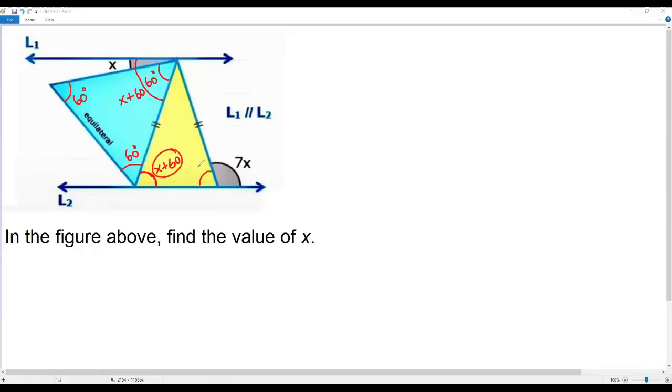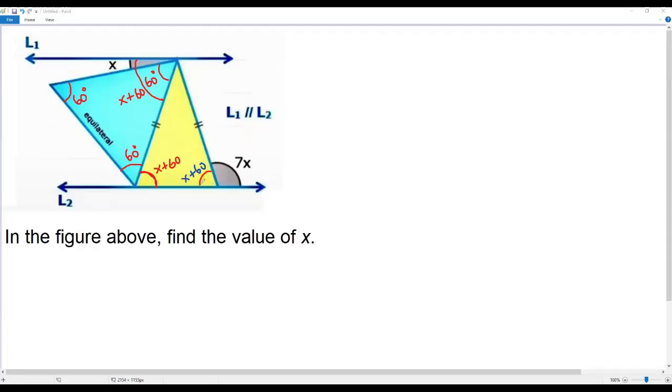So this angle measure and the angle measure over here must be equal. Already we know the angle measure over here is x + 60. Then what must be the angle measure over here? It has to be x + 60, the same angle. Because this one is opposite to this side and this one is opposite to this side. So these two angle measures are opposite to the sides of a triangle which are equal in length. So that's why I'm saying these two angle measures are equal.